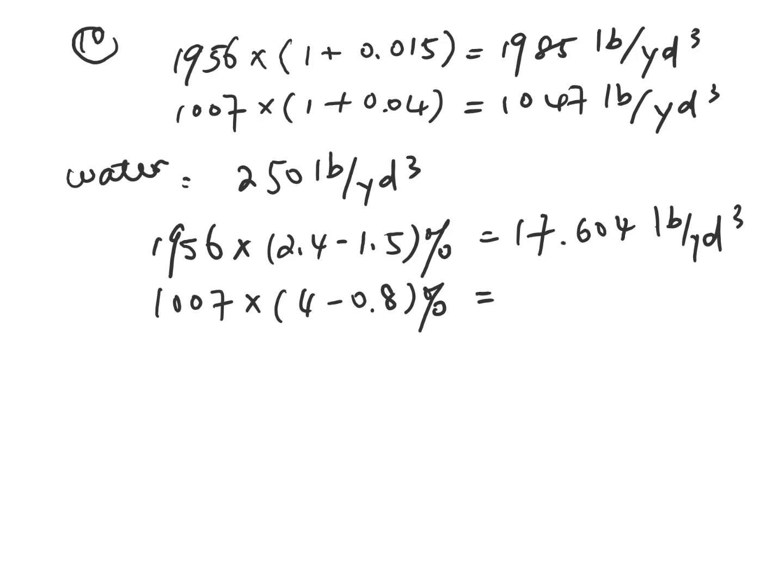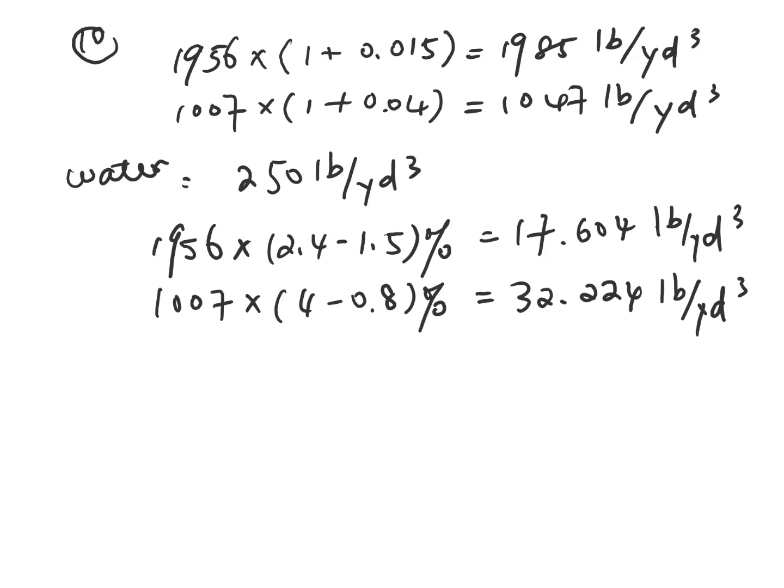And if you calculate this value, it's 32.224 pound per cubic yard of concrete.